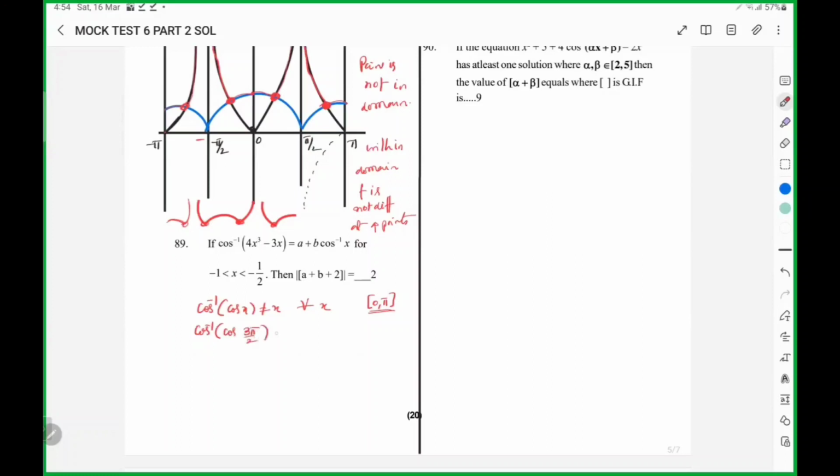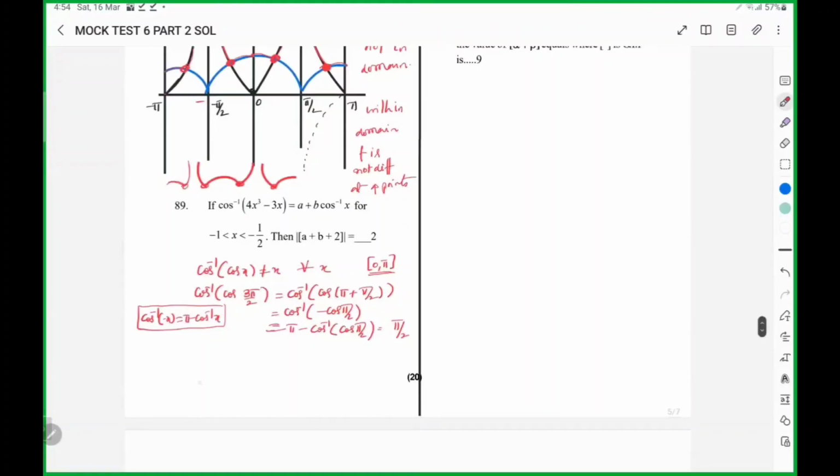We write cos inverse cos of pi plus pi by 2. Cos of 180 minus theta, cos inverse of minus x is pi minus x, so pi minus pi by 2, which is pi by 2.